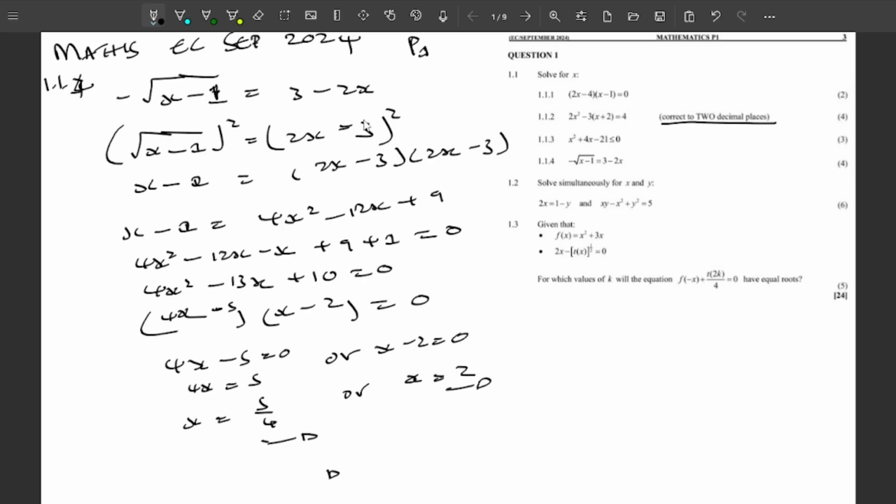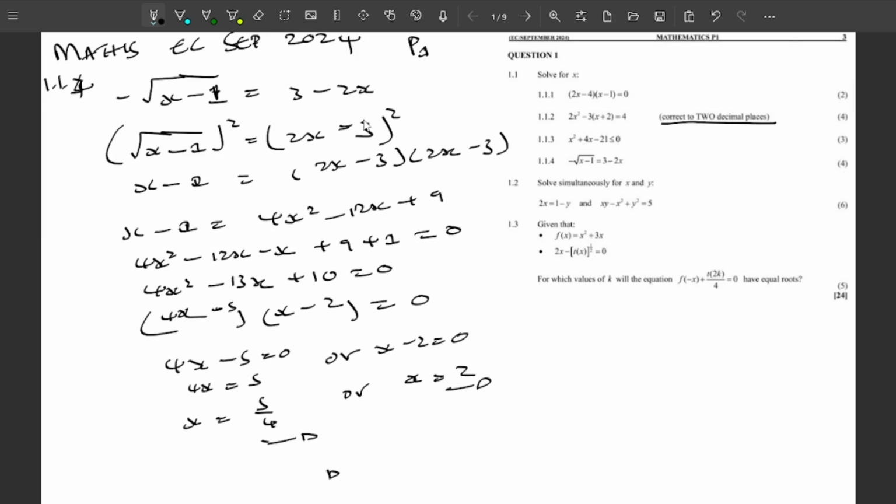So if you take your calculator right now and you input 5 over 4 inside of here, you will not get the correct answer for both sides, because if you put in 5 over 4 minus 1 into the square root, the answers would not be equal to each other.